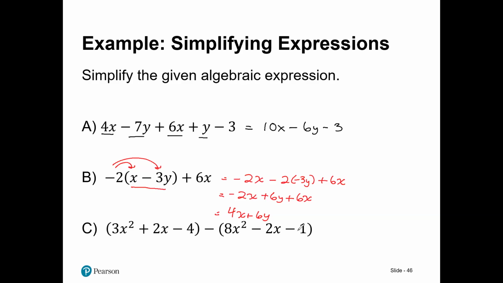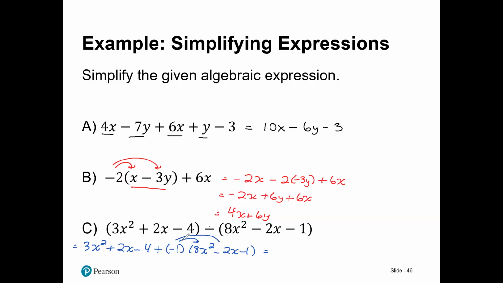All right, so here we do have a distributive property because we got this negative here. So think about this as you have a negative 1 out front. So we have 3x squared plus 2x minus 4 plus negative 1 multiplied to 8x squared minus 2x minus 1.